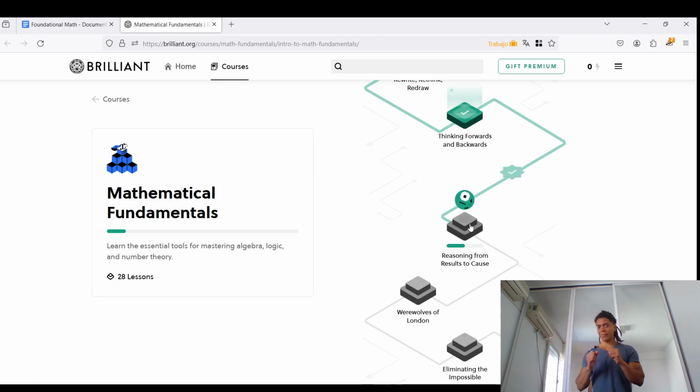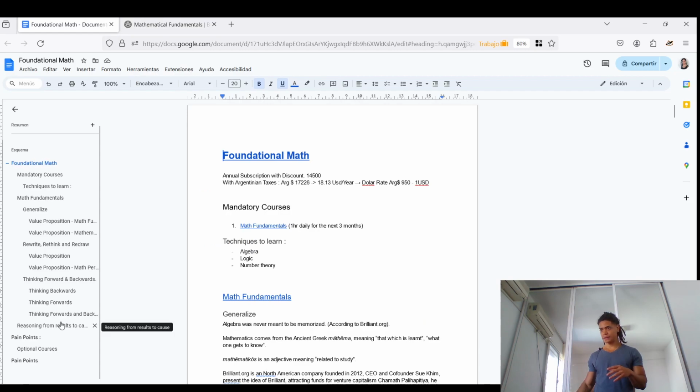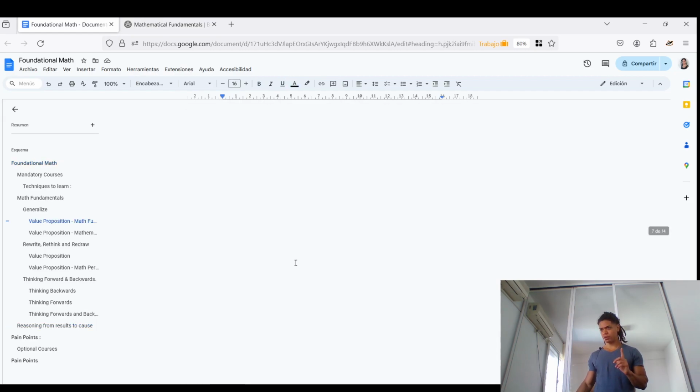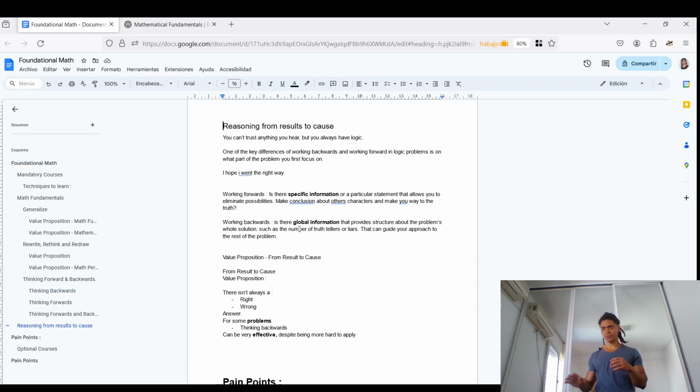However, for some problems where you can look at the result, so they mention reasoning from result to cause.